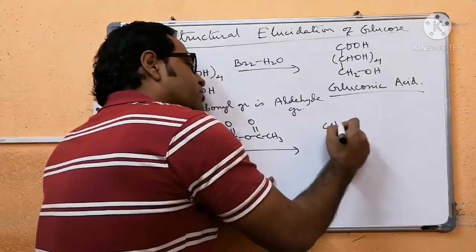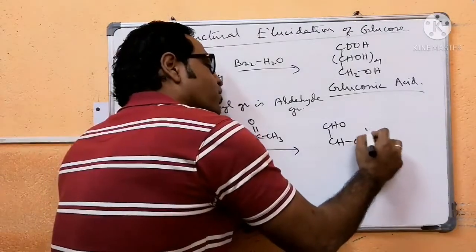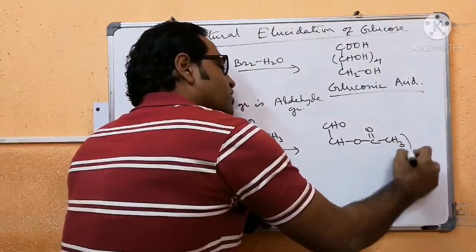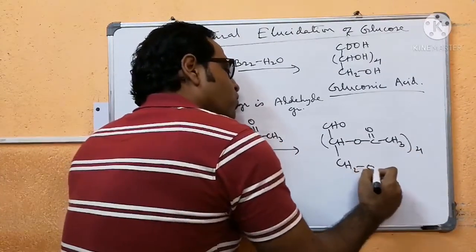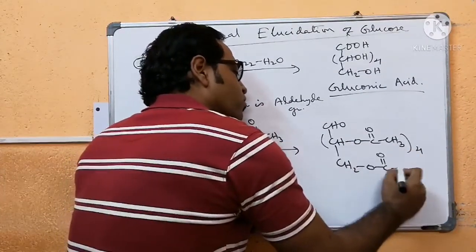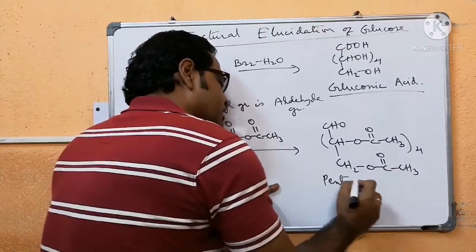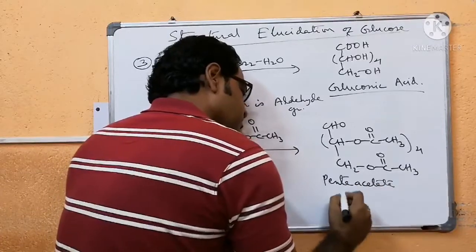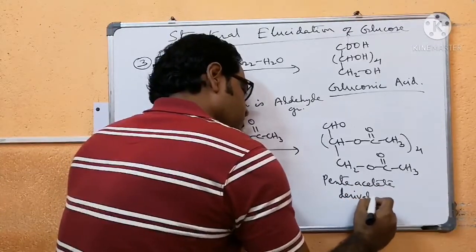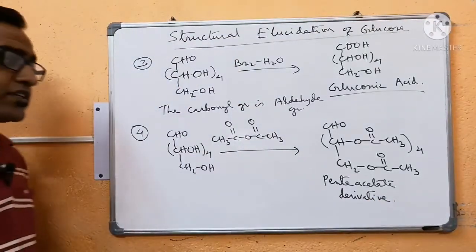It produces a compound like this, CH OC double bond O, CH3 whole 4, CH2O, C double bond O, CH3. This is called pentacetate derivative.